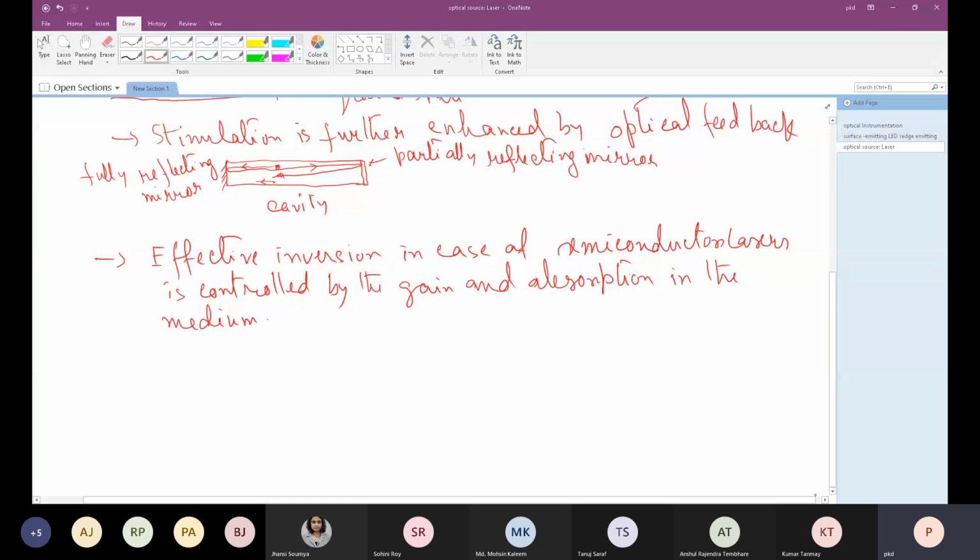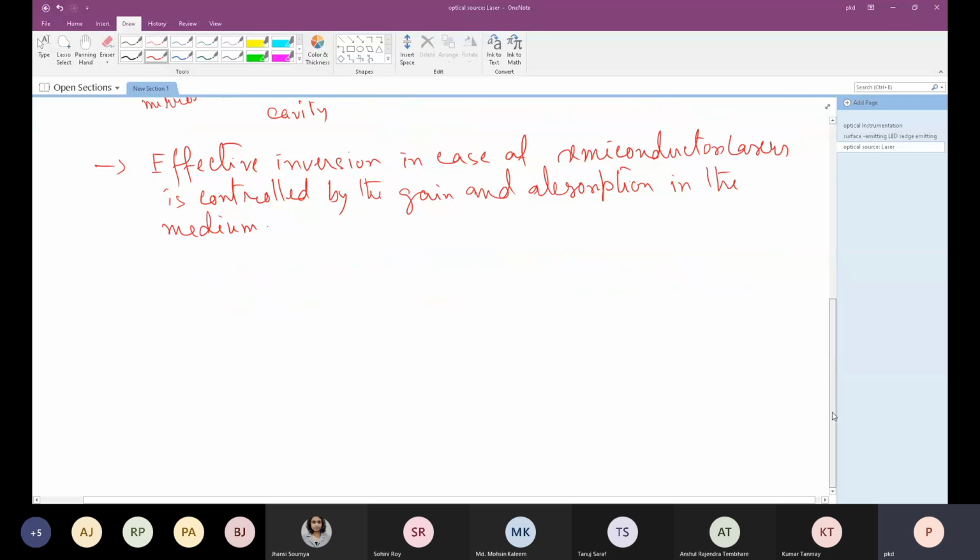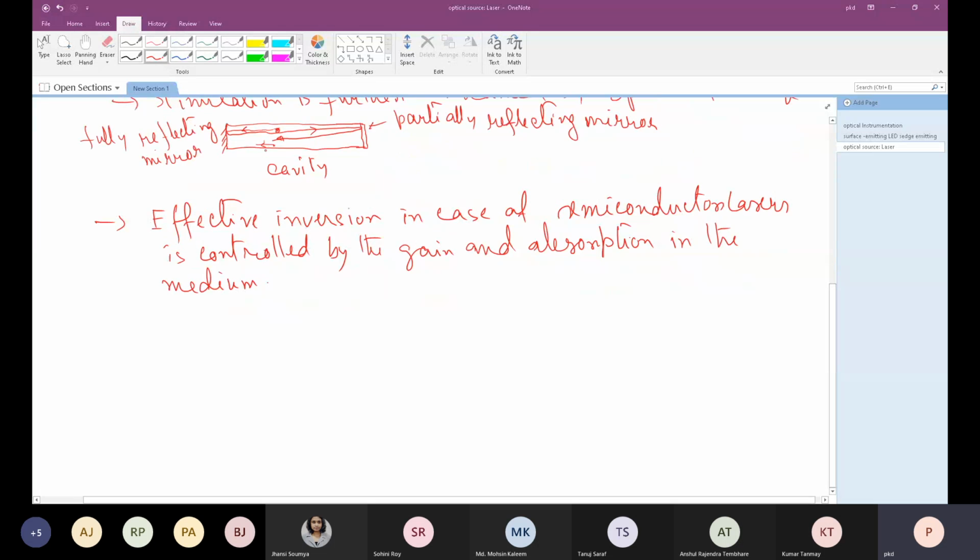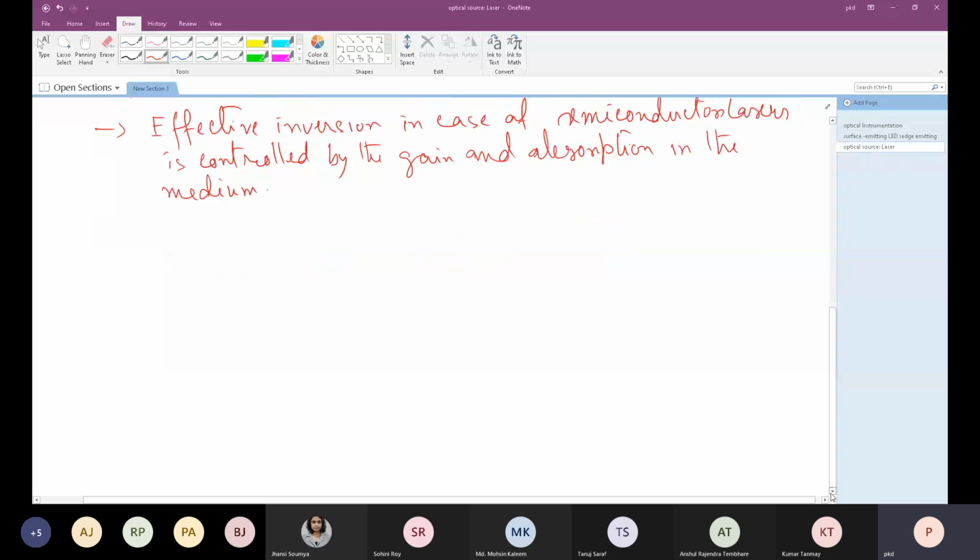As you can see, in a cavity, constructive interference needs a positive gain, and that way the optical feedback will matter.